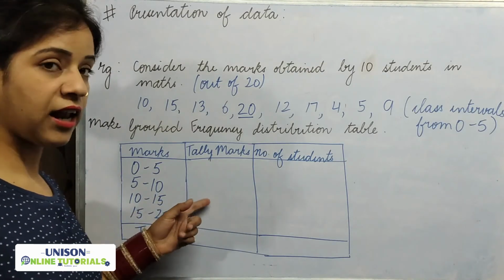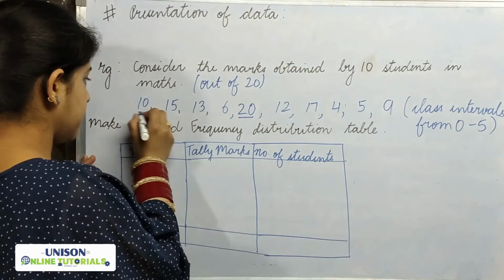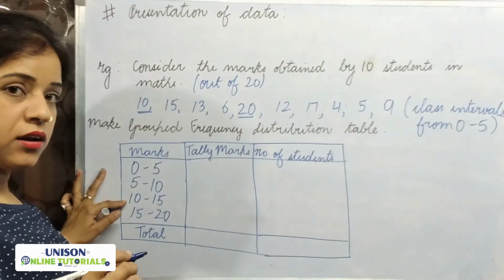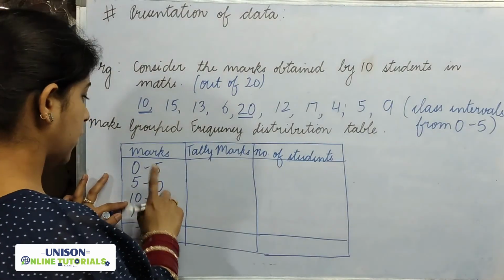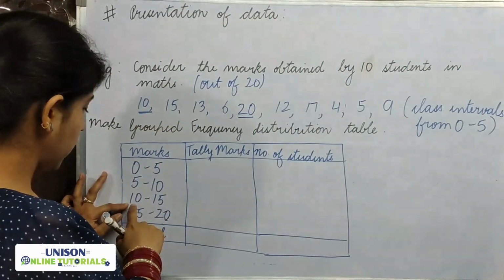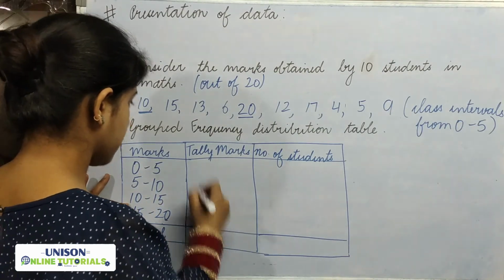Now we have to mark tally marks. First number, that is 10. 10 lies between 10 to 15, not in 5 to 10. So mark here.